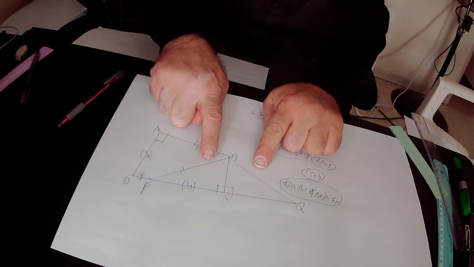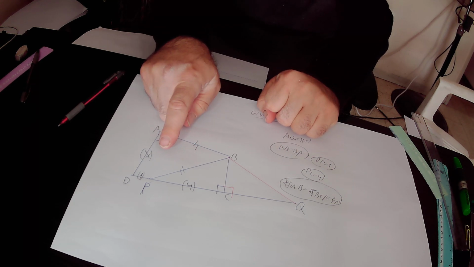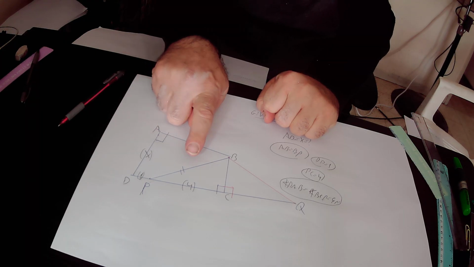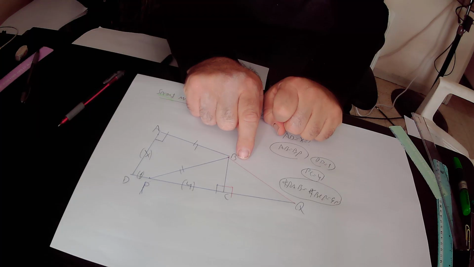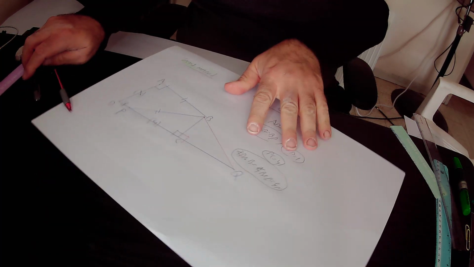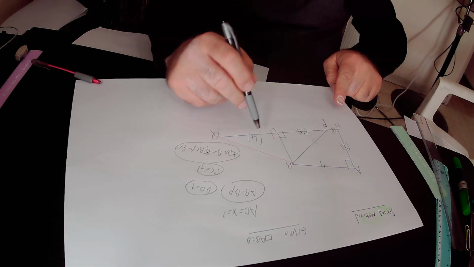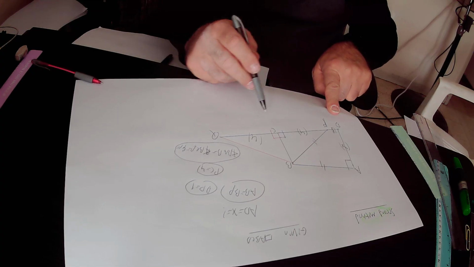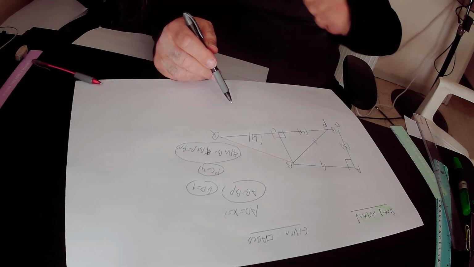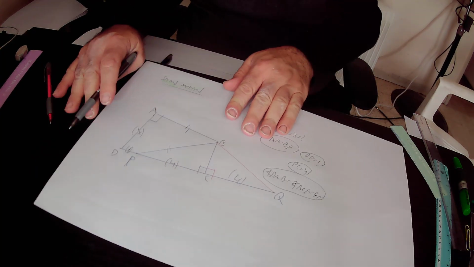So why are those two right triangles congruent? First of all, PC equals CQ. CQ equals 4 according to our construction. We extended DC by 4 units. So CQ equals 4.